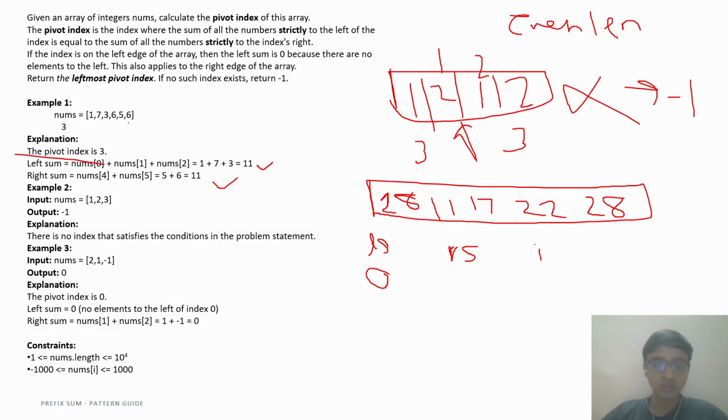So the right sum is not the next element, but the total sum, which is the last element of the prefix sum array, minus the current element, a of i. We will move by applying this formula, and wherever we find that left sum is equal to right sum, we will return that index.